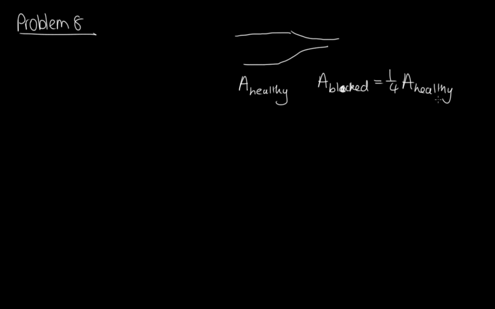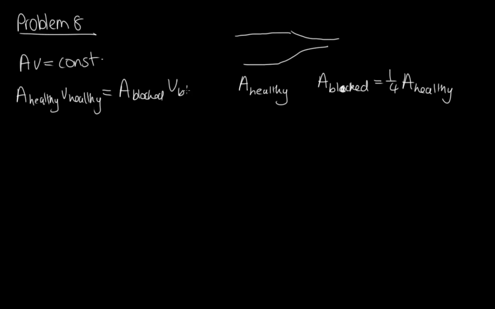We're asked to write an expression to describe the speed of blood through the blocked vessel, V blocked, compared to the speed of blood through the healthy vessel, V healthy. Okay, so we know that AV is constant. So A healthy V healthy is equal to A blocked V blocked. And we know that A blocked is a quarter A healthy.